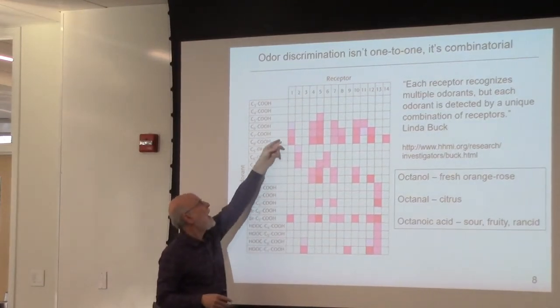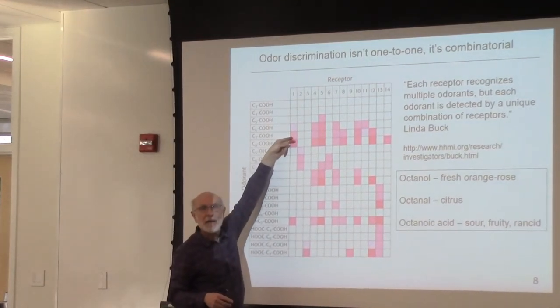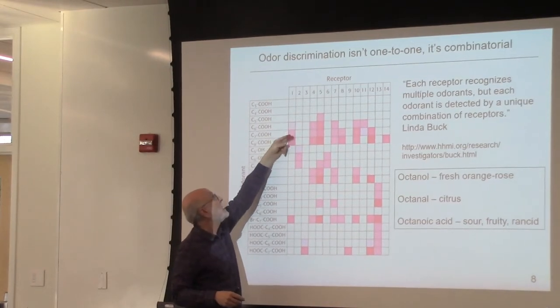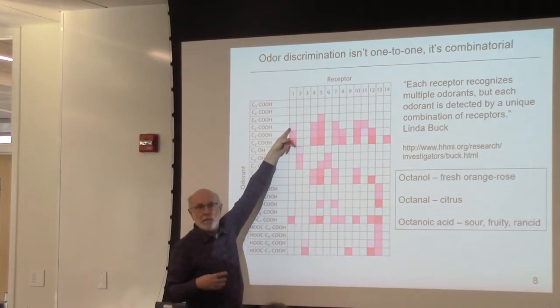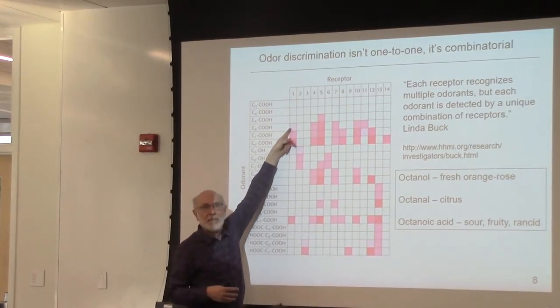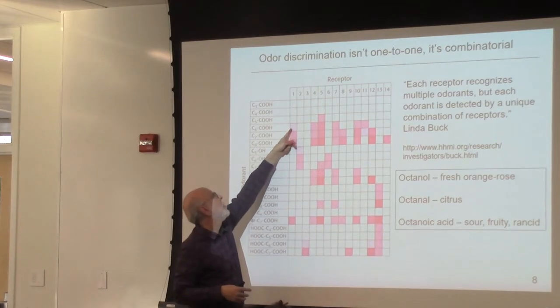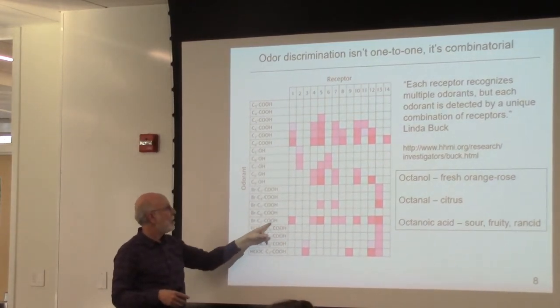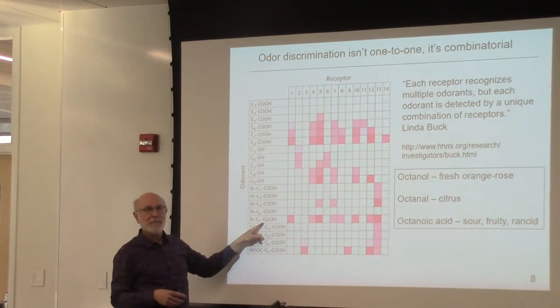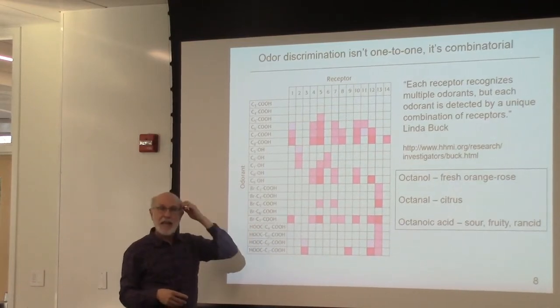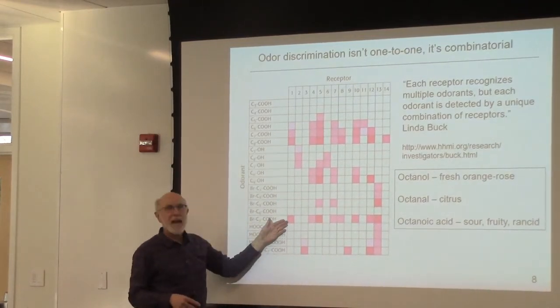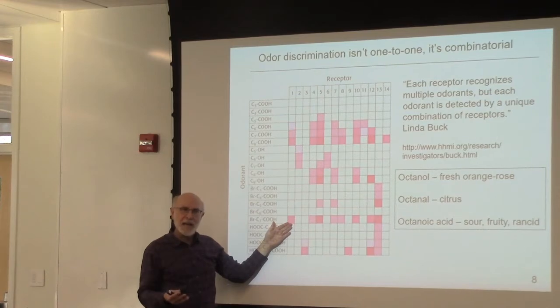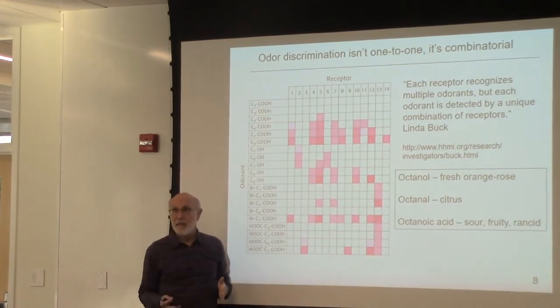Receptor 1 is highly activated by octanoic acid, but it's also activated by shorter chain carbons, heptanoic acid, and it's also activated by a bromo-octanoic acid. So this receptor is activated by a limited set of odorants.